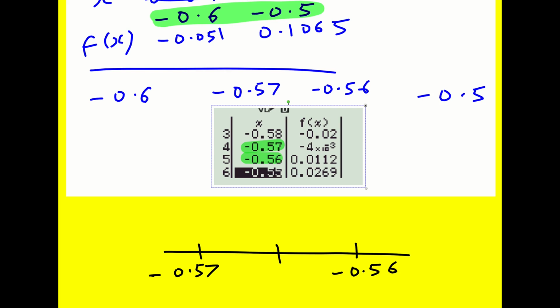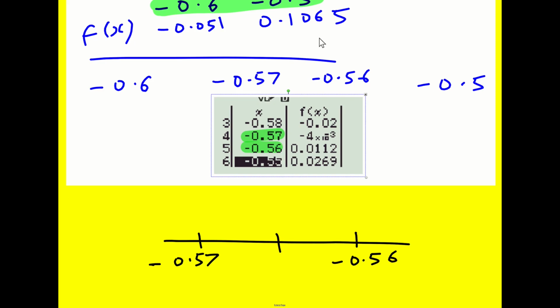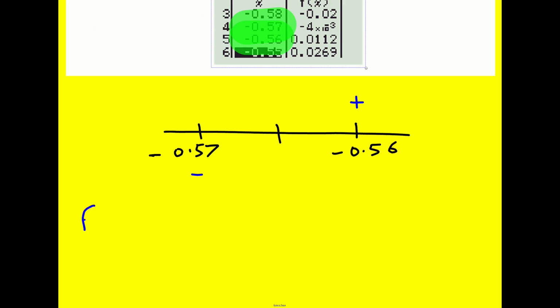Well, let's look at the middle point of that. So I've got the function, it's negative here, it's positive here. Let's find out what f of minus 0.565 is.